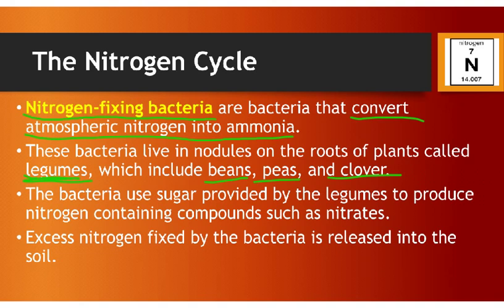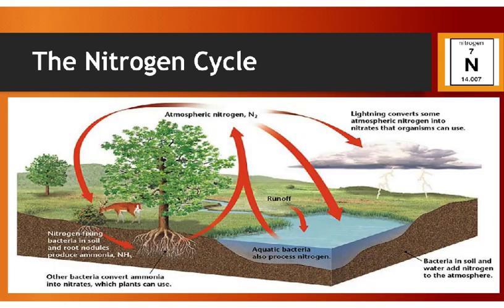They house these bacteria in their roots, and the bacteria use sugar from the plant, and then the plant uses the nitrogen compounds such as ammonia and nitrates. And extra nitrogen that gets fixed eventually gets released out into the soil for other plants to use.